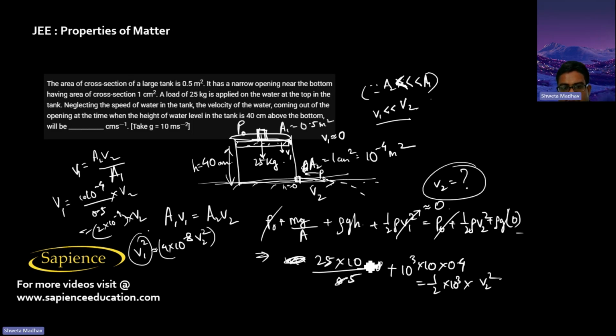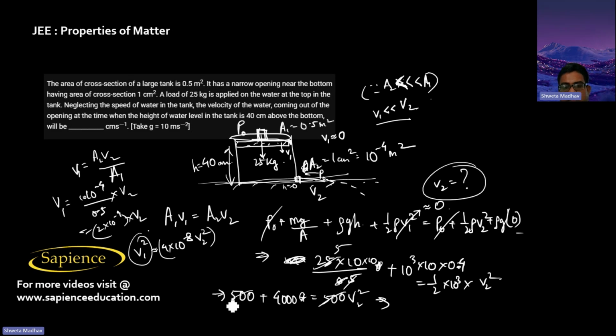Therefore this is 5 by 10, so 5 is 25, so this will be 500 plus this 400, so this is 4, 0.4 meter, so this is 4,000 plus this will be 500 into V square.